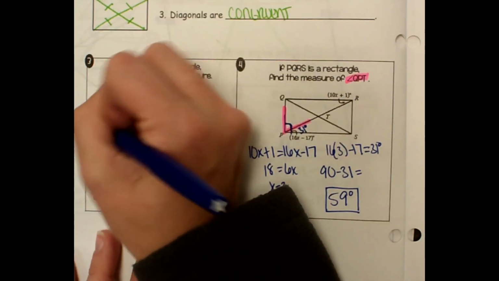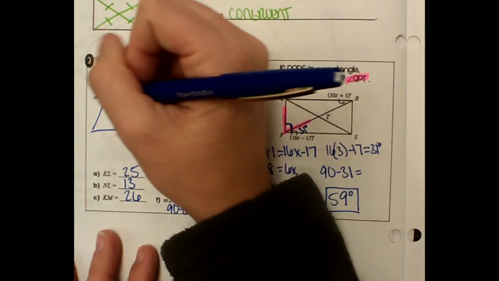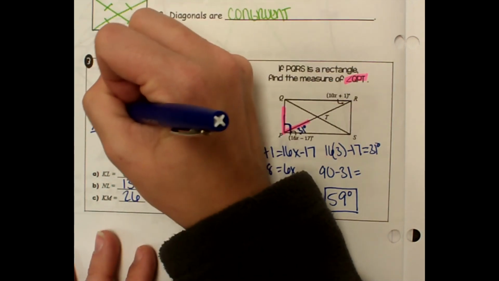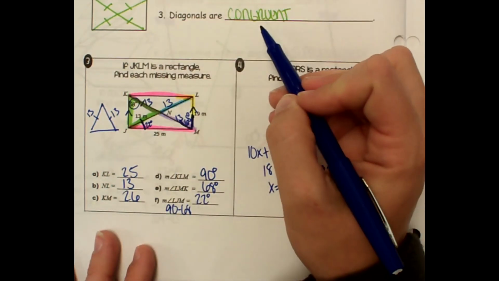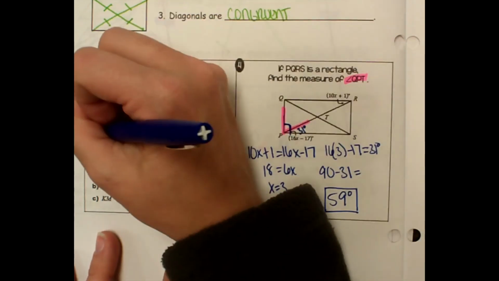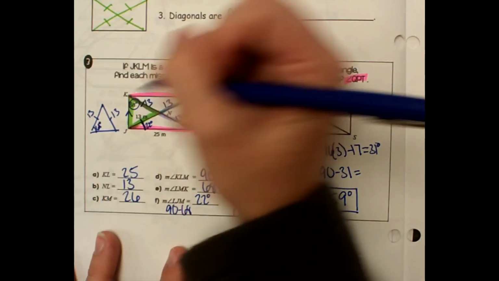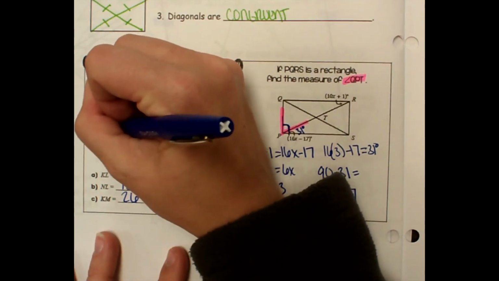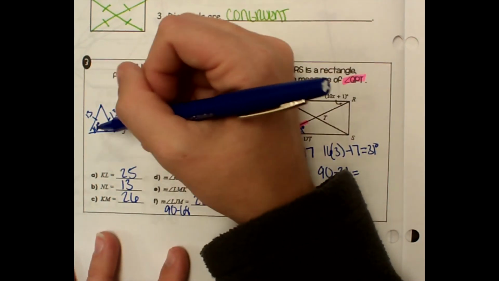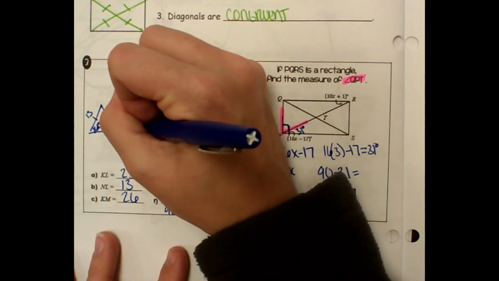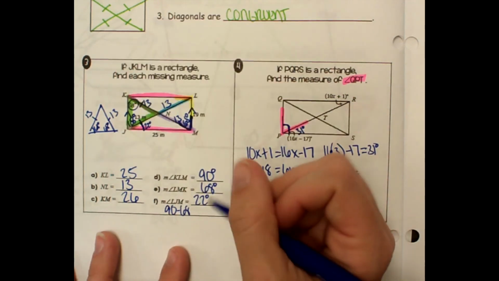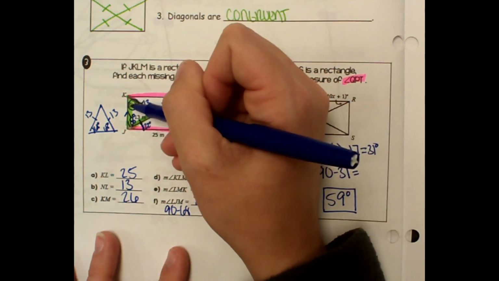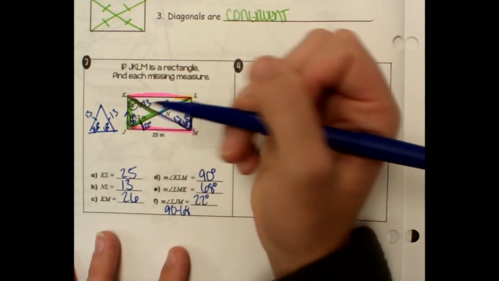The legs are 13 because the diagonals are congruent. And this angle right here is 68 degrees. That's your base angle. That means that this angle is 68 degrees. Isosceles triangles means that your base angles are both the same. So if there is confusion where that 90 minus 68 came from, that's how I was able to get that other angle.